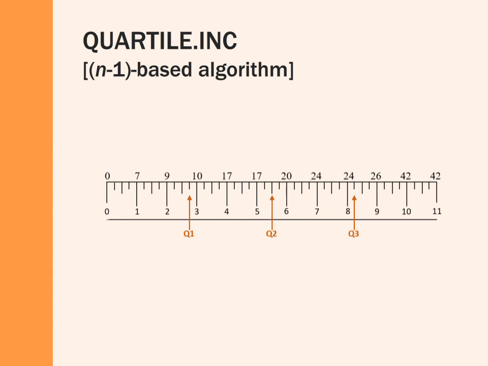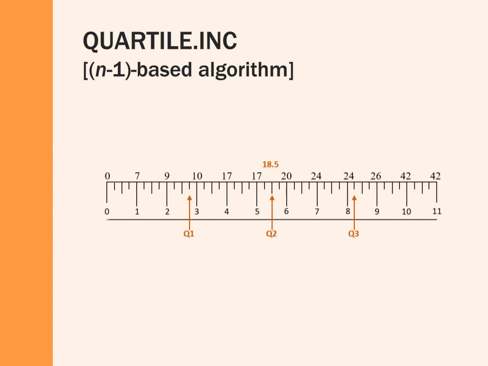Since it is at location 5.5, it's halfway between 17 and 20. We find the difference between 17 and 20, which is 3, multiply it by 0.5 because we're halfway between the two, which gives 1.5, and we add that to the lower value of 17. So 17 plus 1.5 equals 18.5. So the value of the second quartile is 18.5.